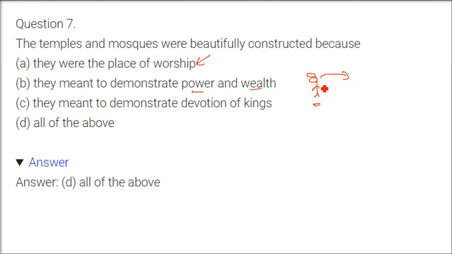For example, the Chol king, he also went to different places and destroyed the temples. Mahmud Ghaznavi also did this. He also destroyed temples like Somnath temple in order to get all the important and expensive material from there. So all of these answers are correct here.